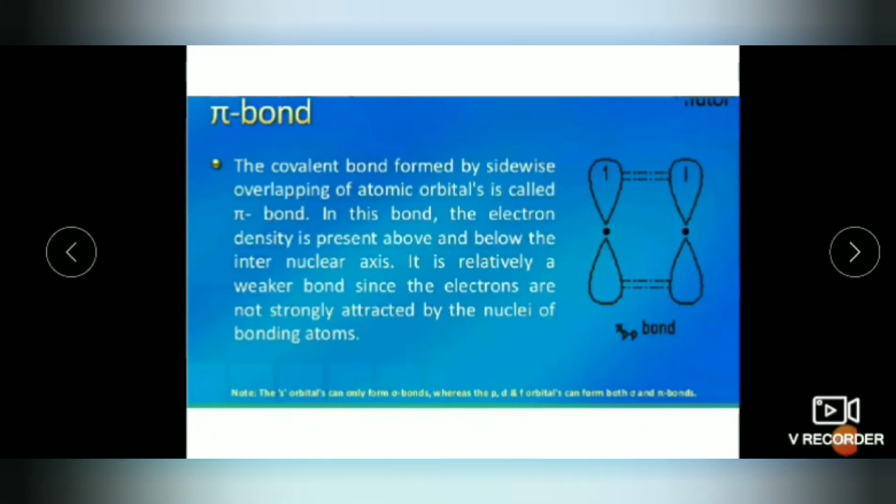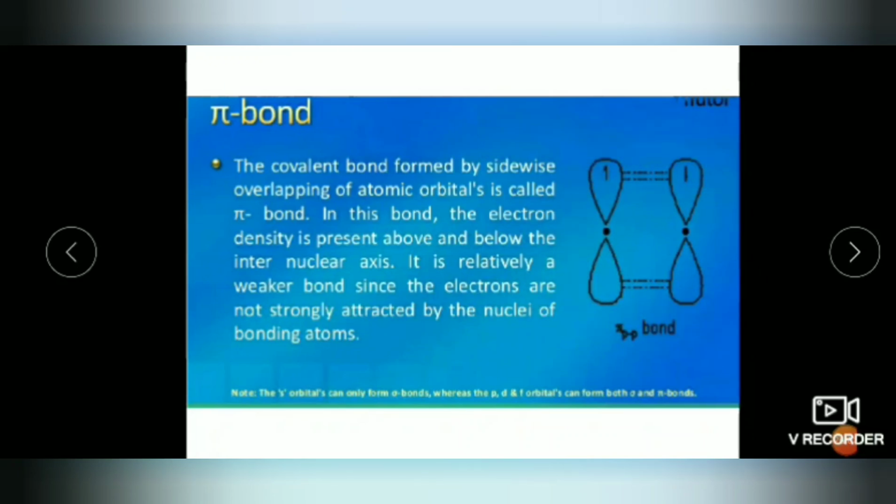Next, how is the pi bond established? The covalent bond formed by sidewise overlapping of atomic orbitals is called a pi bond. In this bond, electron density is present above and below the internuclear axis. The pi bond is weaker than the sigma bond.